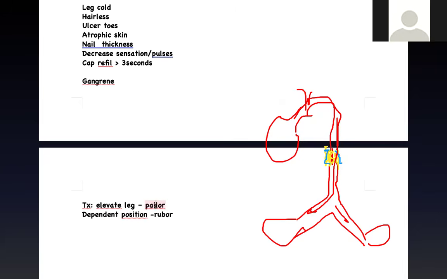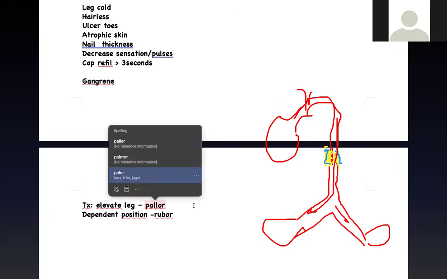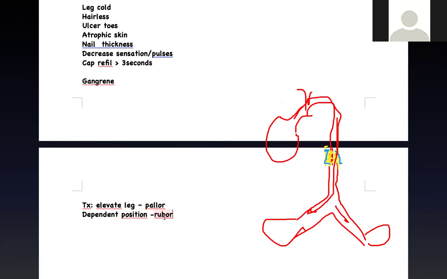So this is what we call elevation pallor and dependent rubor. So your teaching is dangle your feet. I want you to dangle your feet. Don't elevate it, and don't cross it. No, don't cross it. Keep it in the dependent position as much as possible.